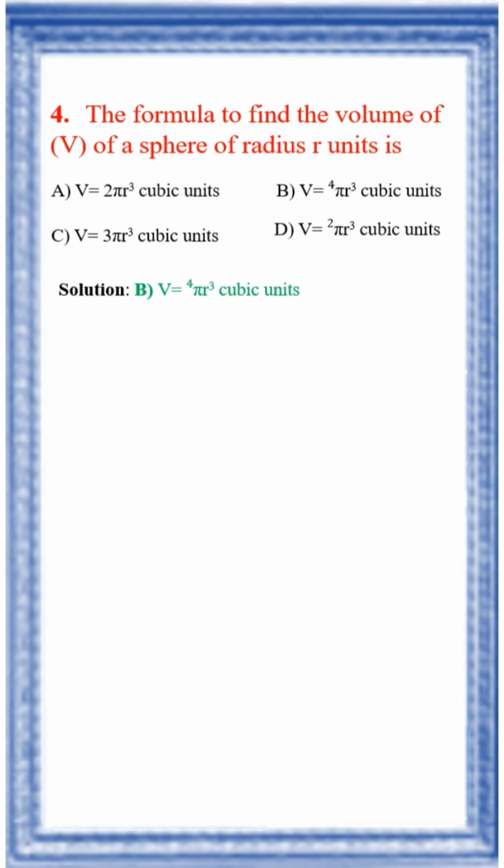Option B. V is equal to 4 by 3 pi r cube cubic units. If it is 2 by 3 pi r cube cubic units, then it is the volume of the hemisphere.